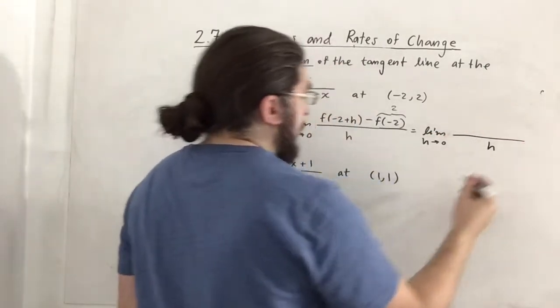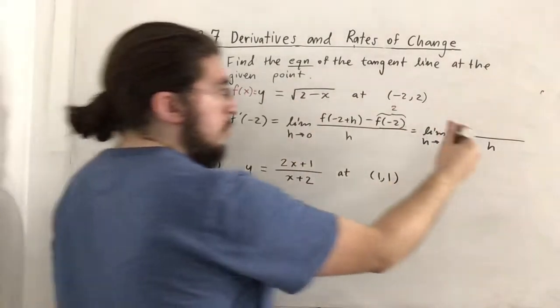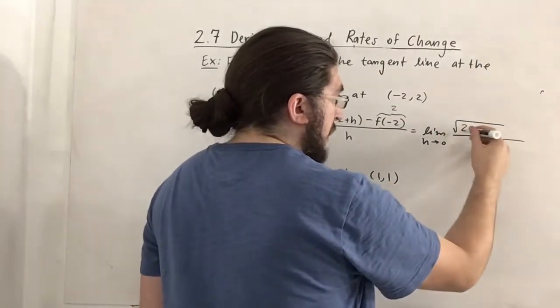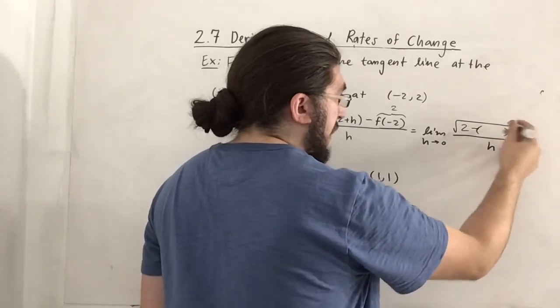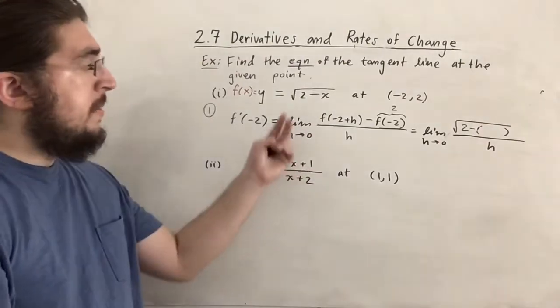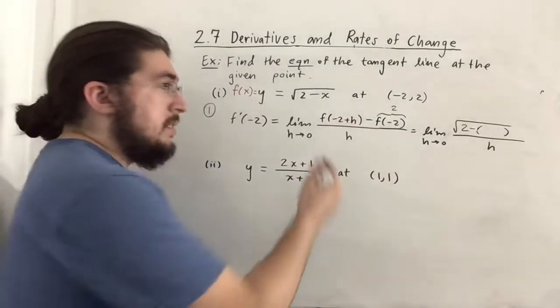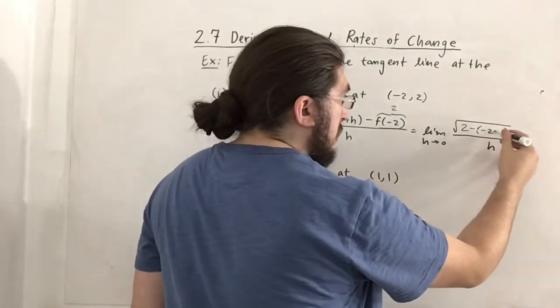But let's see. So f of negative 2 plus h, well, f of x is square root of 2 minus x, but we're not finding f of x, we're finding f of negative 2 plus h. So we're going to replace x with this quantity in parentheses. So negative 2 plus h.